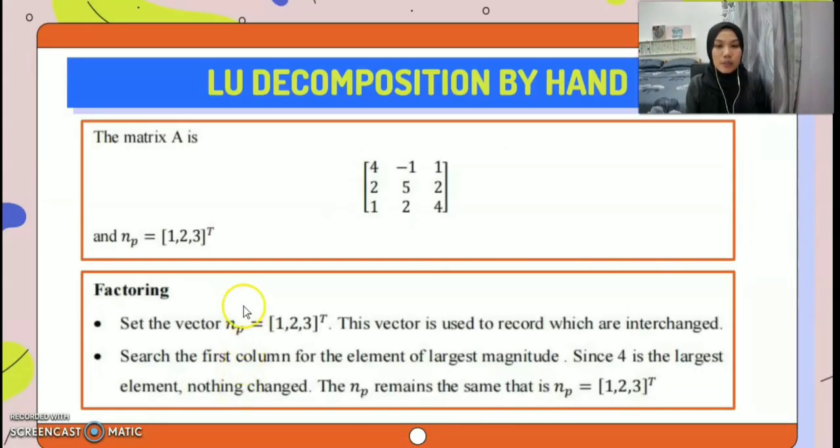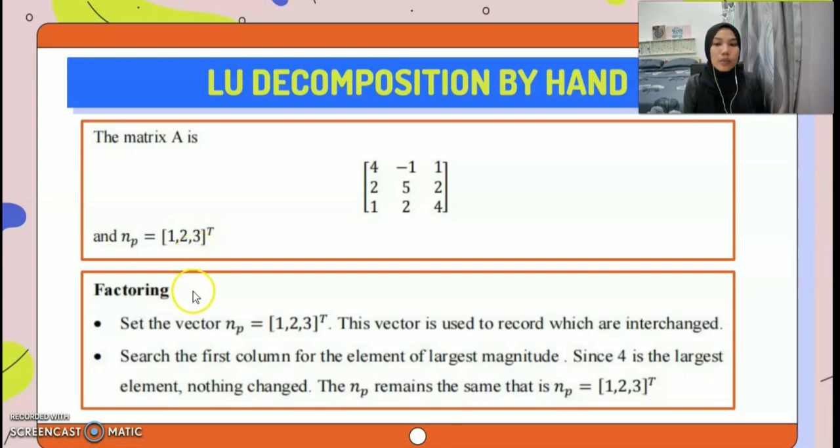Next, from this matrix, we need to set the vector NP equal to 1, 2, and 3. This vector is used to record which rows are interchanged. So NP is 1, 2, 3, which represents the rows: 1 for row 1, 2 for row 2, and 3 for row 3.